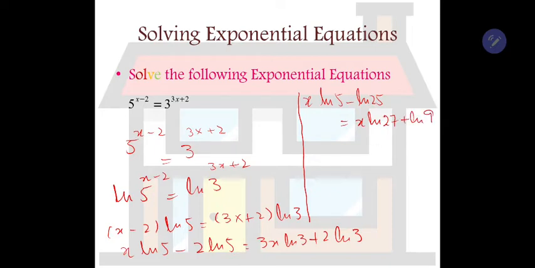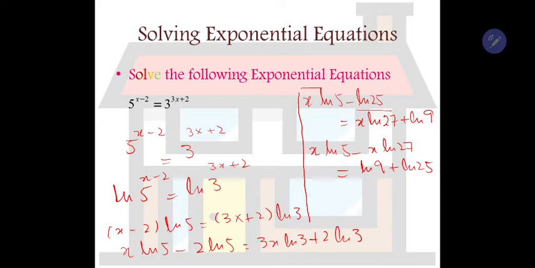Bringing the like terms together to find the value of x. So I have x here, and the x value here, so I'll bring them together. So I will have x log 5 minus x log 27, which is equal to log 9 plus log 25.